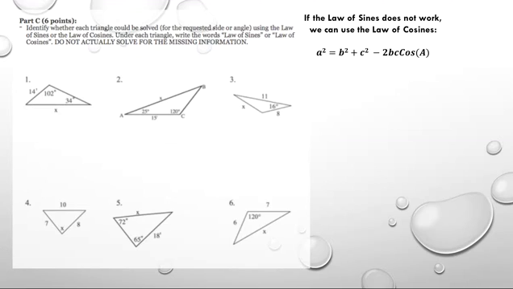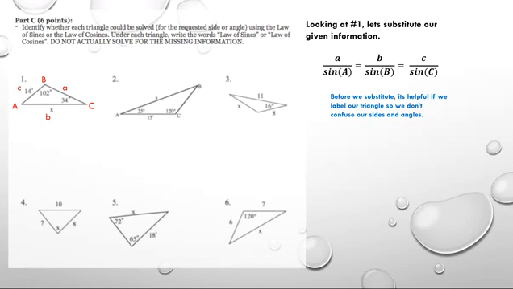If we're solving for b, then it would be b squared equals and the cosine of B. Again, with the law of cosines, we can solve any triangle. The law of cosines is helpful when we have side, side, side, or side, angle, side. The law of sines should work for most, if not all, of the others.